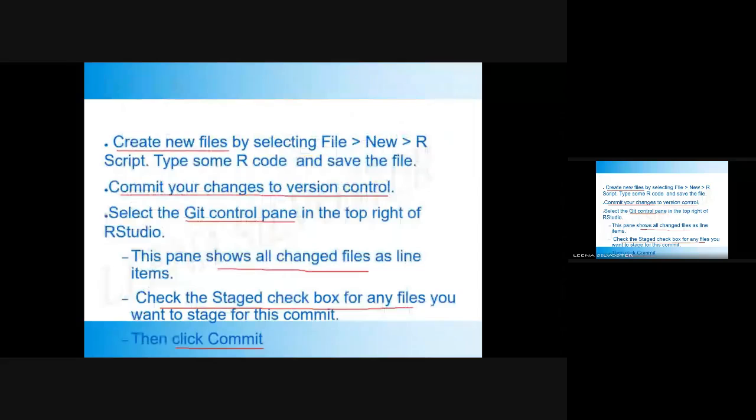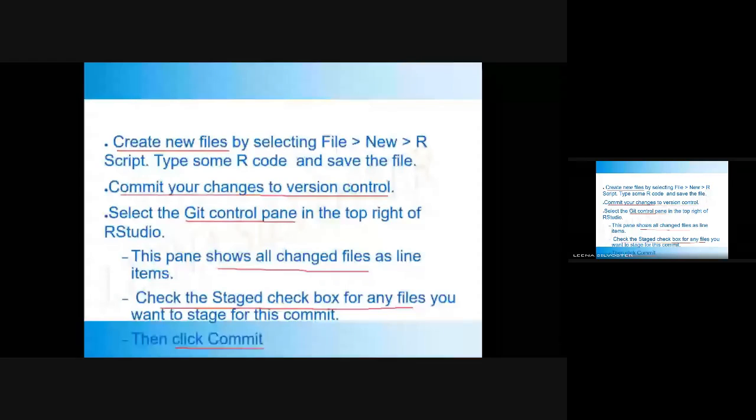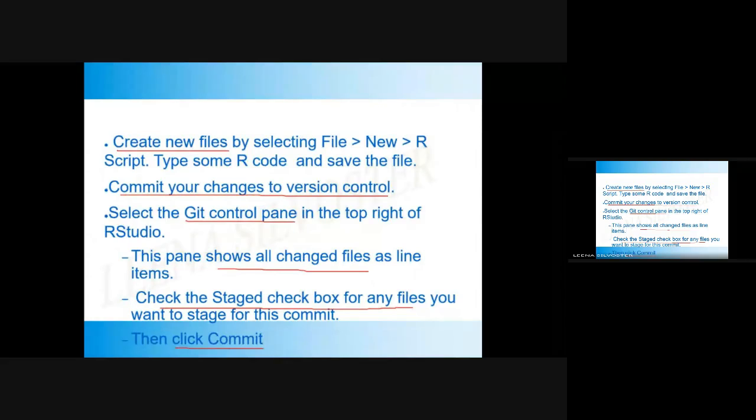Then after creating the project, you can create new files. So you can commit your changes to version control. Select the git control pane in the top right of RStudio and it will show all the changed files. If there is a check in the checkbox for any file, then that file is staged for commit. Otherwise, it means that you didn't commit that file, so you have to click the commit function.